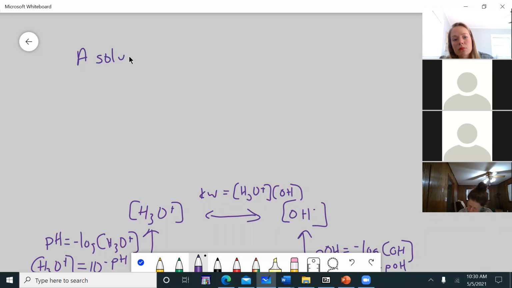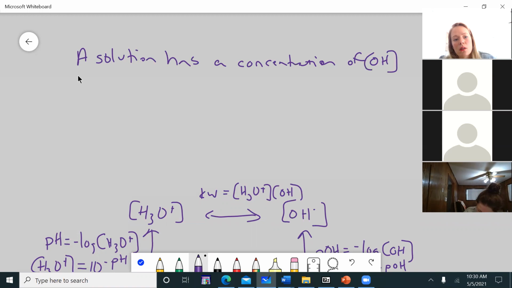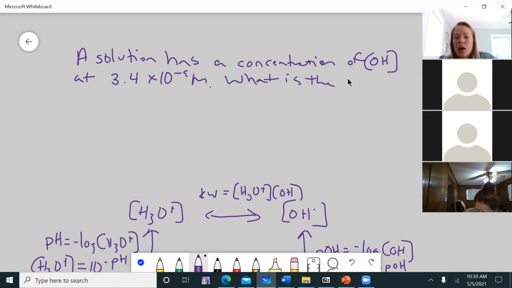A solution has a concentration of OH at 3.4 times 10 to the negative ninth. What is the H3O plus concentration?